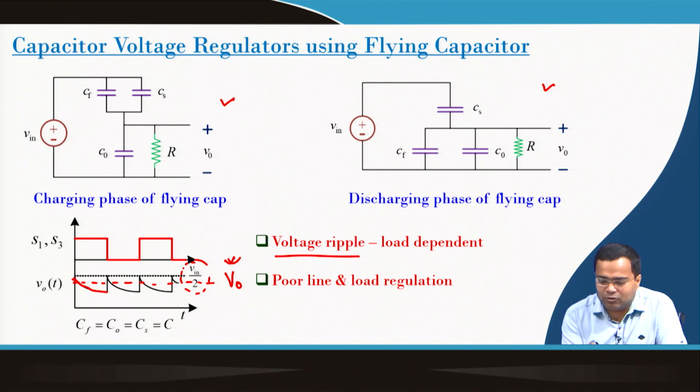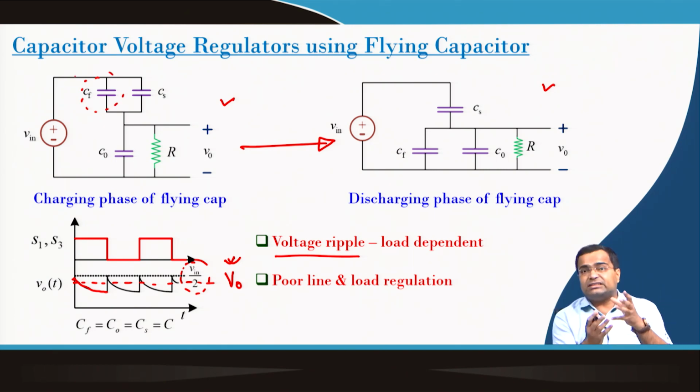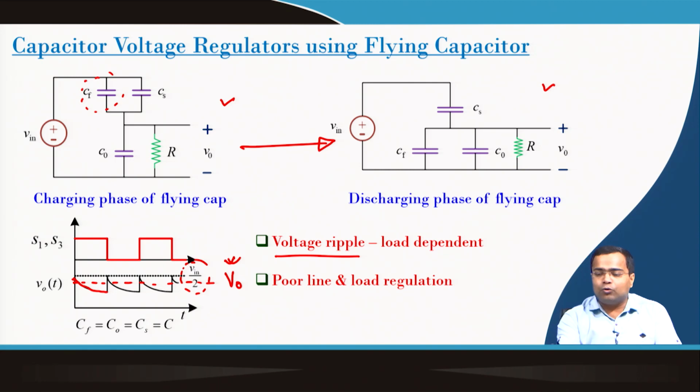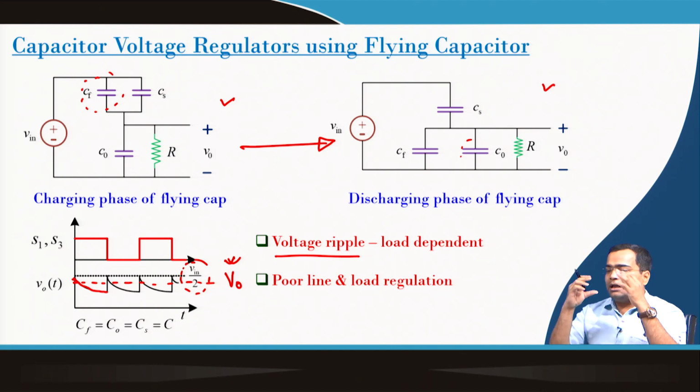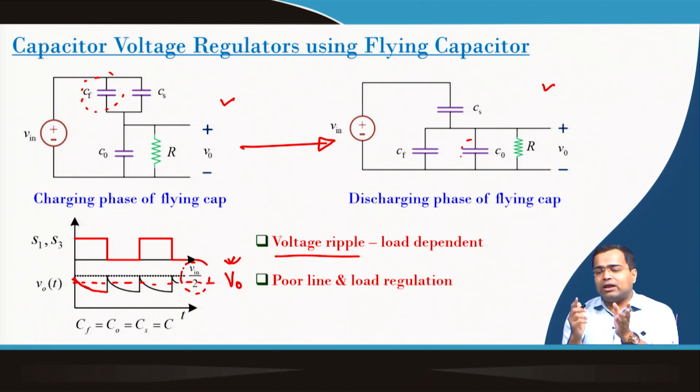Secondly, if you look from this to this configuration, when this flying capacitor was initially connected to the supply, this voltage was different from the output capacitor voltage. When you reconnect back, if the output capacitor is large, initially there is a voltage difference between the flying capacitor and the output capacitor. The flying capacitor is sitting at a higher voltage, whereas the output capacitor is sitting at a lower voltage.